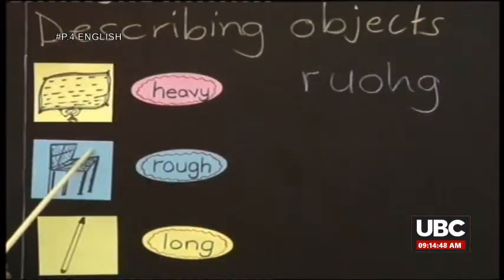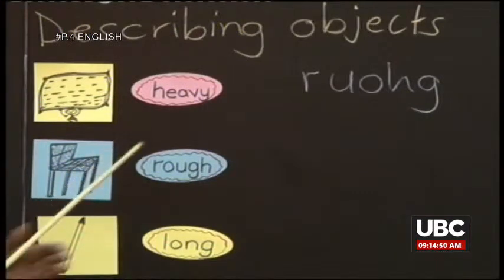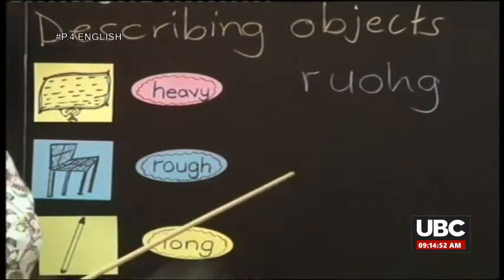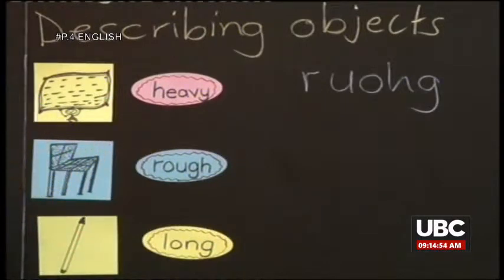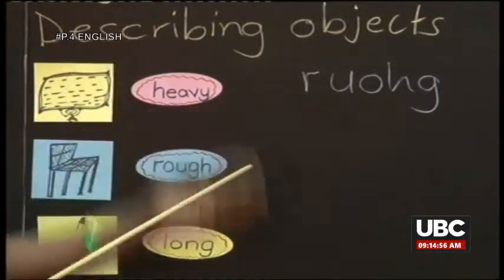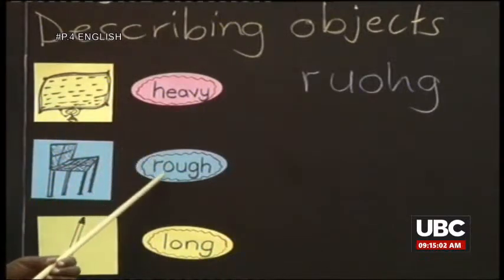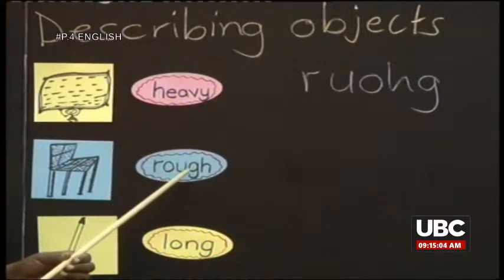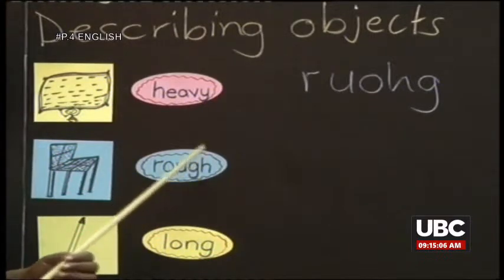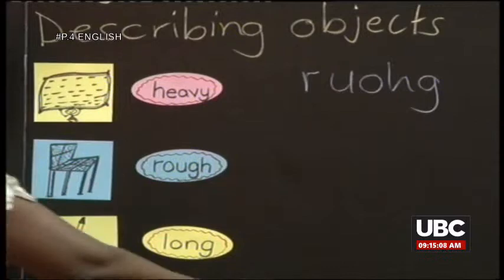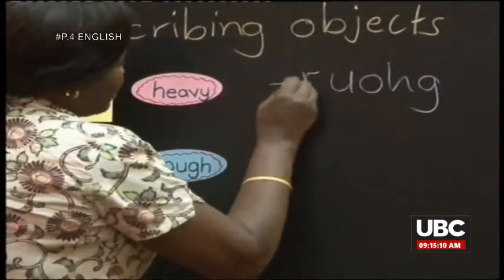Of course, you know that the teacher is trying to give us the word rough, but not written properly, so that you can arrange the letters and write it properly. So the word is rough, R-O-U-G-H. So let's write our word correctly.